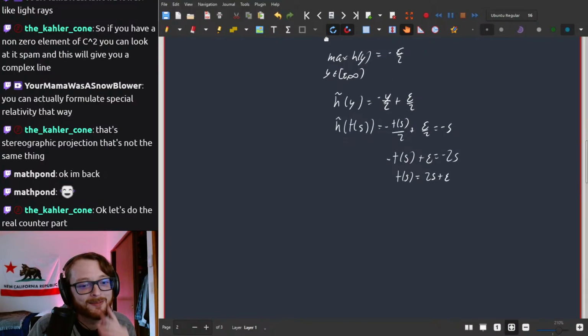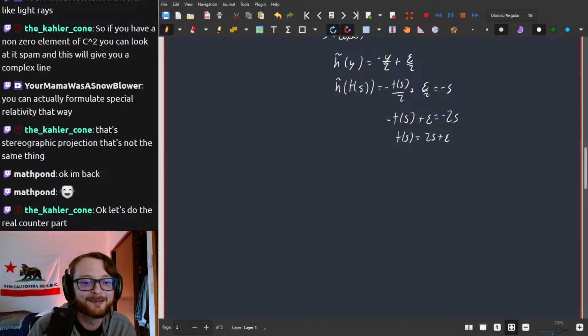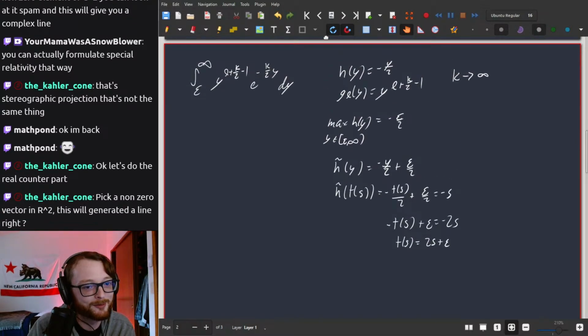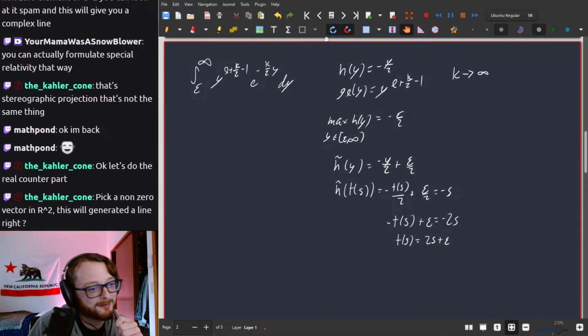If you want to say that a complex number is one dimensional, I can believe that, but I'm having a hard time understanding what's happening.